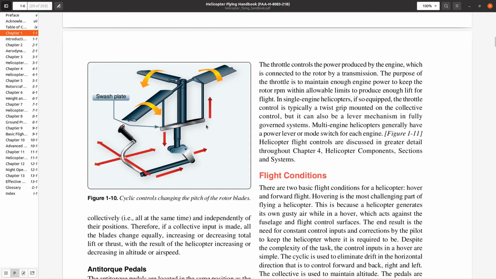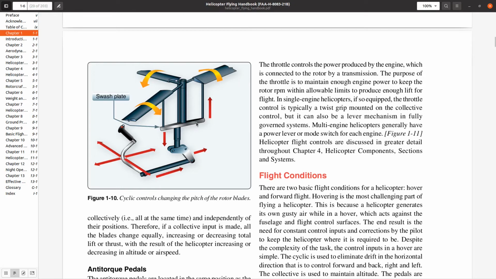So typically you'll have a stationary swash plate that is connected down here. It's not shown in this picture. And then on top of that, there will be a rotating swash plate, which is connected via rods to the rotor blades.